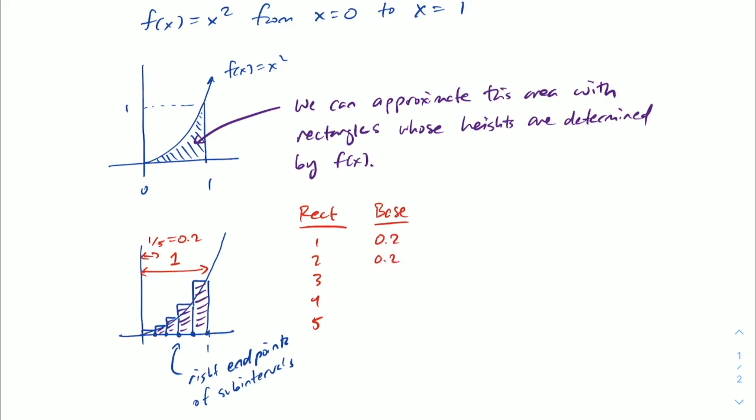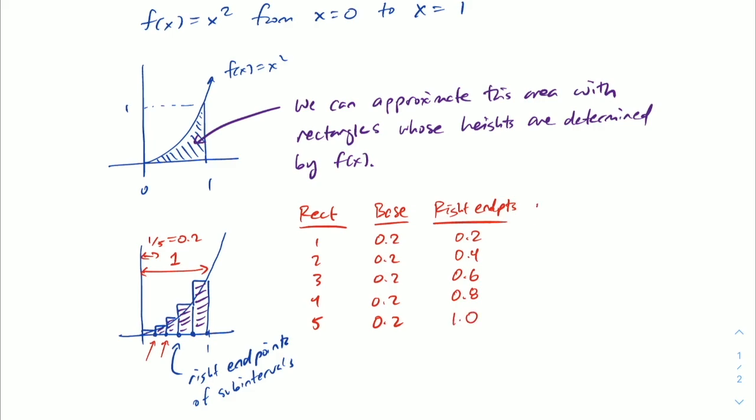So the base of each of these rectangles is going to be 0.2. Then we're going to look at the right endpoints of these sub-intervals. The first endpoint is 0.2. The next endpoint is 0.2 over from 0.2, or 0.4. Continuing this process, we get 0.6, 0.8, and 1.0.